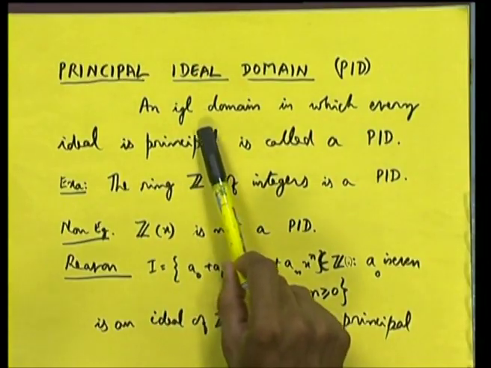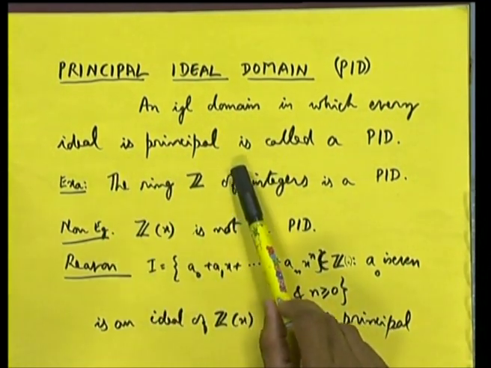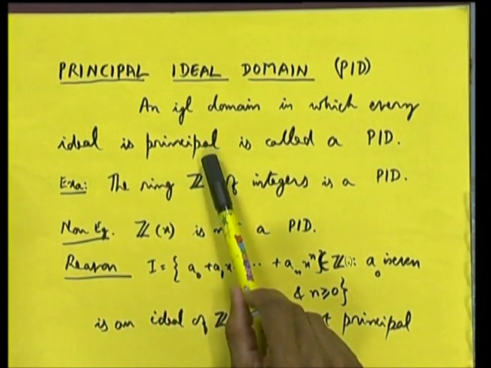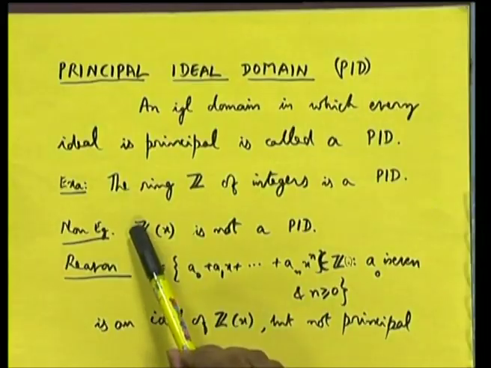By principal we mean that the ideal should be generated by a single element. If that is the case for each and every ideal of an integral domain, we call that integral domain a PID, principal ideal domain.